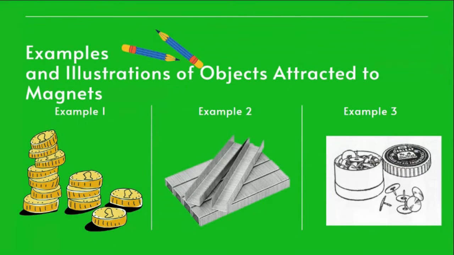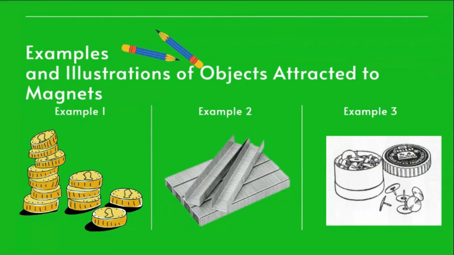So, these are examples and illustrations of objects attracted to magnets. Kaya kung may magnets kayo dyan, try nyo ilapit sa mga bagay na to and tingnan nyo kung didikit siya o maa-attract siya sa magnets. So, example 1, yung mga coins. Yung mga tigpipiso nyo dyan or 5, ayan, they are attracted to magnets.